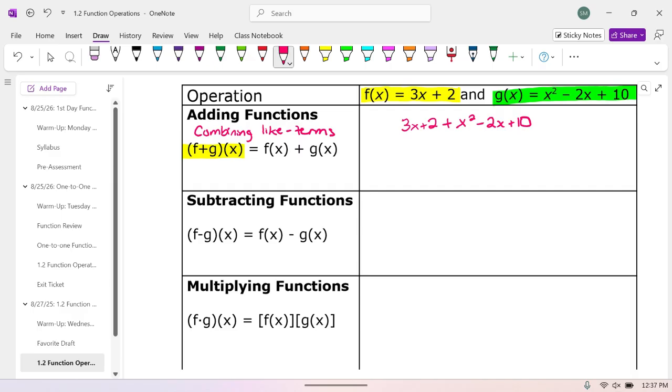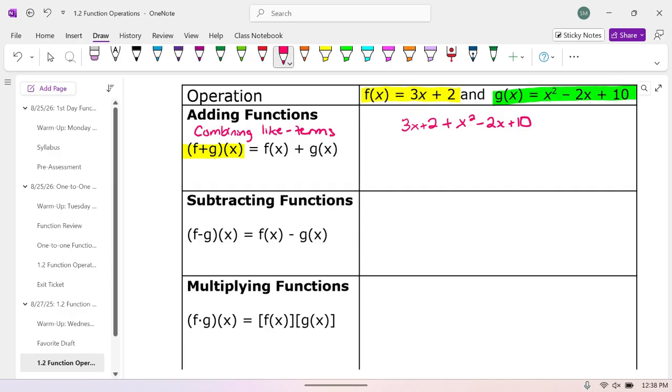You guys don't have to overthink it. Just right, they're just numbers. They didn't have any variables after it. So that's one set of like terms. What's another? 3x and negative 2x. How do you know those are like terms? Because they both have the same variable. Right, they both have the same variable. But why is x squared not with them? Because it's raised to the second power. So what qualifies a like term is it has to have the same variable, same exponent.